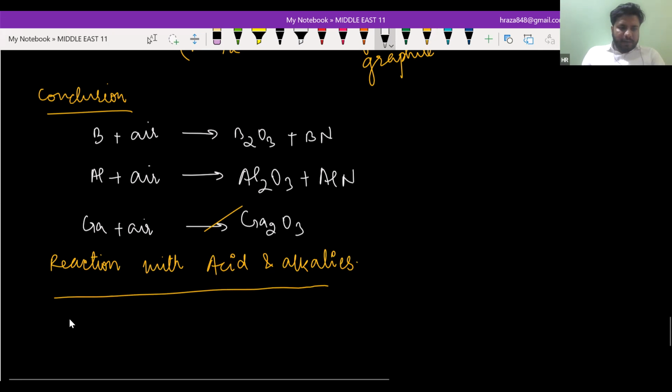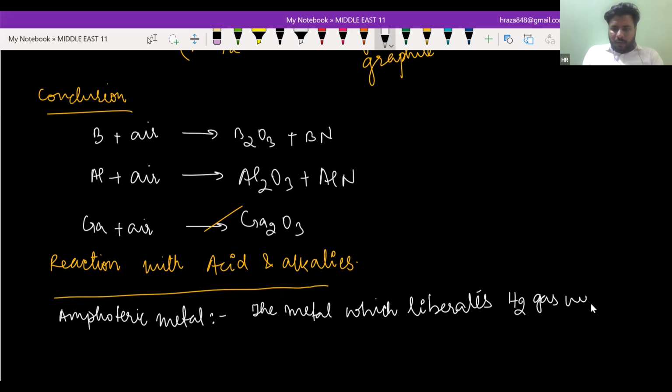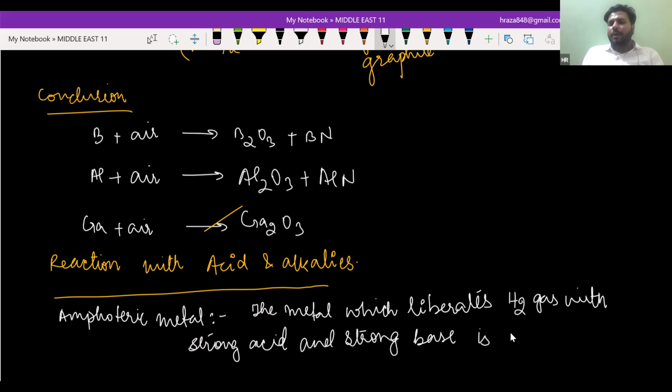And here, amphoteric metal. The metal which liberates H2 gas with a strong acid and a strong base is called an amphoteric metal.